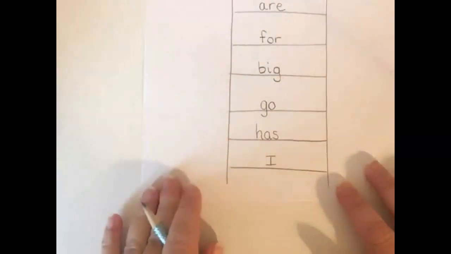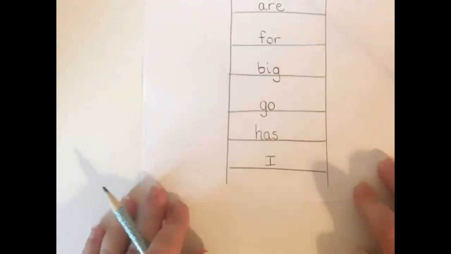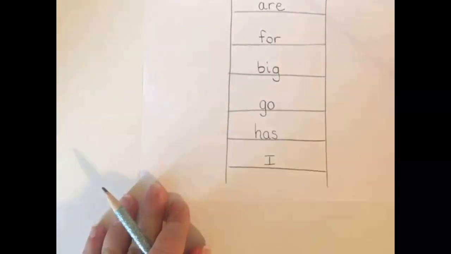She has a pretty pencil. Has. And the last word is I. I want to go to the store. I. And remember that I is uppercase whenever it's on its own to make the word I, it needs to be uppercase.